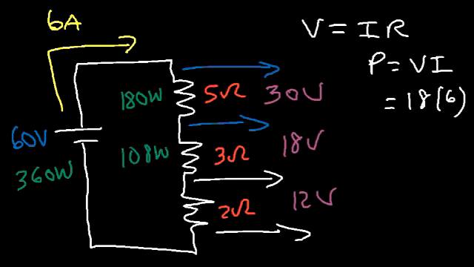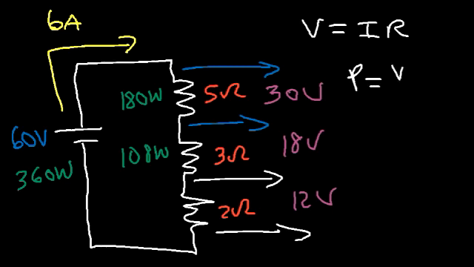Now what about the last one? Let's use the third form of the equation. So the voltage across the resistor is 12, and the resistance itself is 2. 12 squared divided by 2: 12 divided by 2 is 6, 6 times the other 12 is 72.